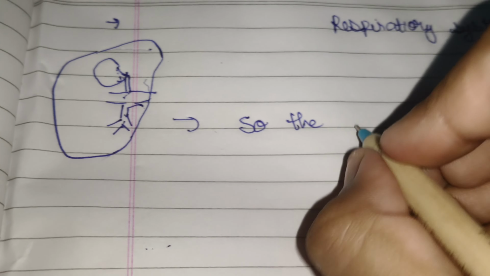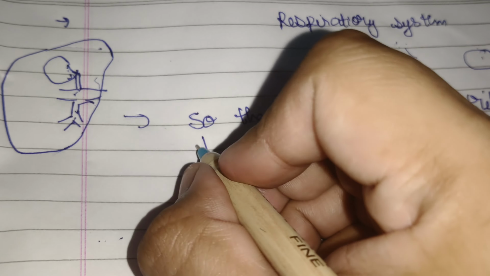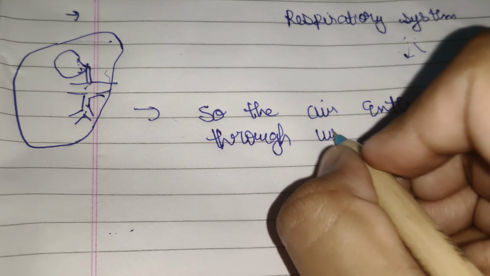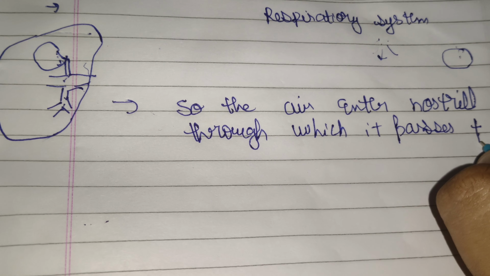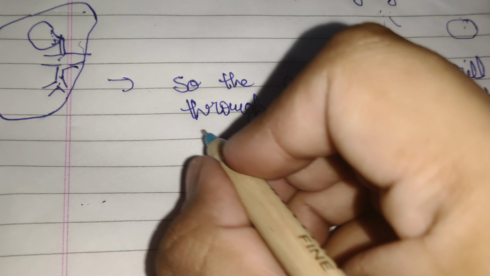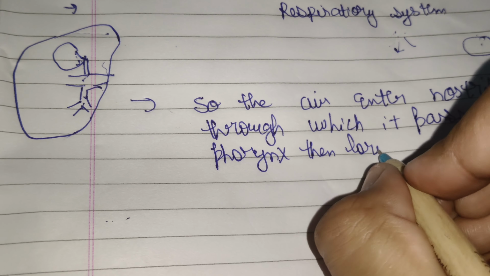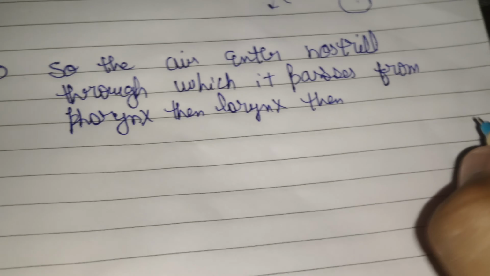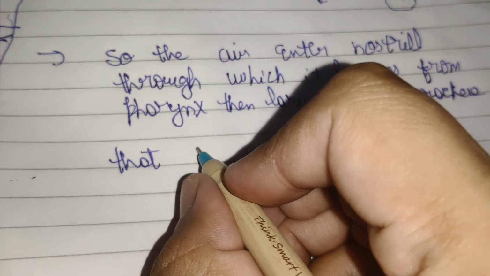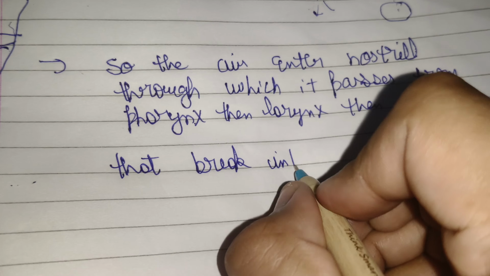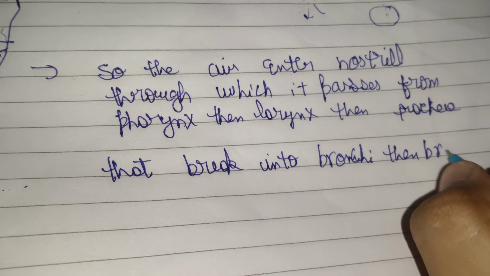So the air enters through the nostrils, through which it passes from the pharynx, then the larynx, then the trachea, that breaks into bronchi, then bronchioles.